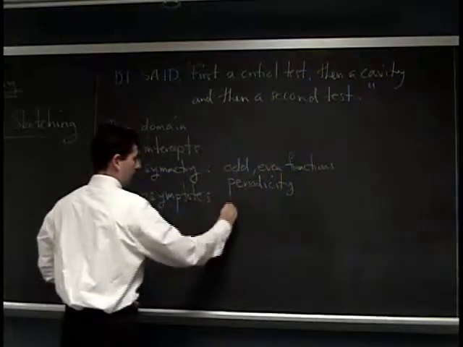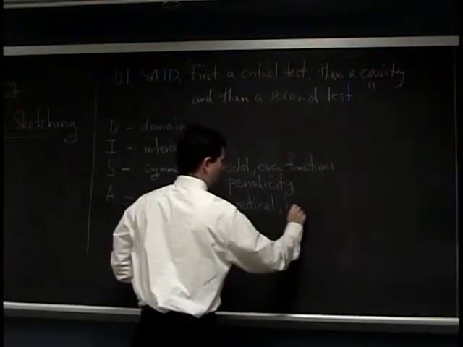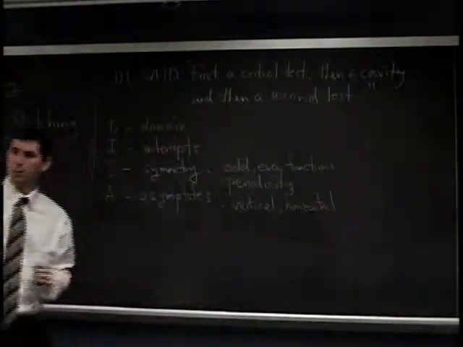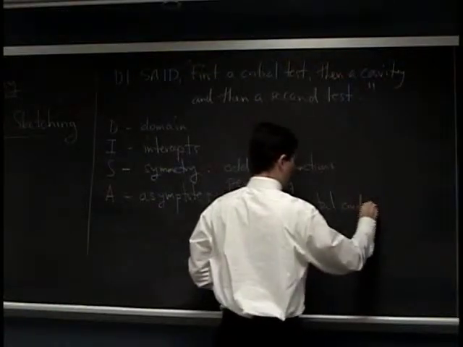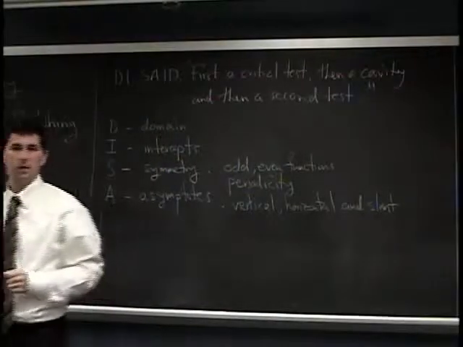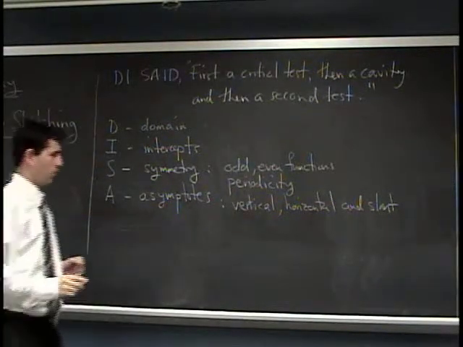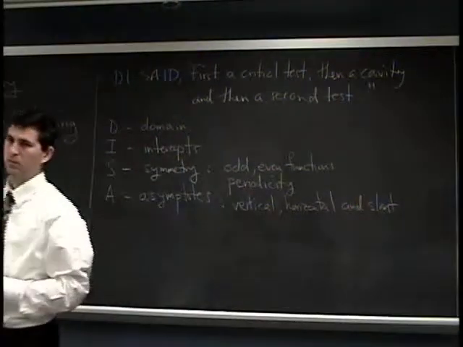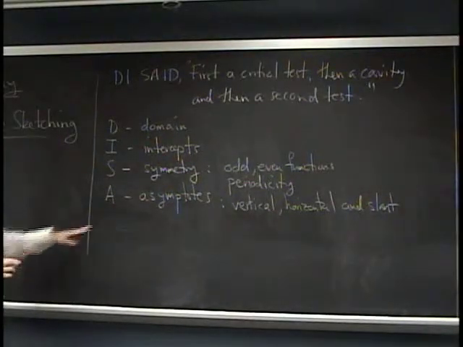So of course, this includes vertical, horizontal, and then there's one more which you may not have seen before. It's sometimes called slant asymptotes. A slant asymptote doesn't actually even have to be a straight line. So slant is kind of a misnomer, but we'll talk about what that is later.